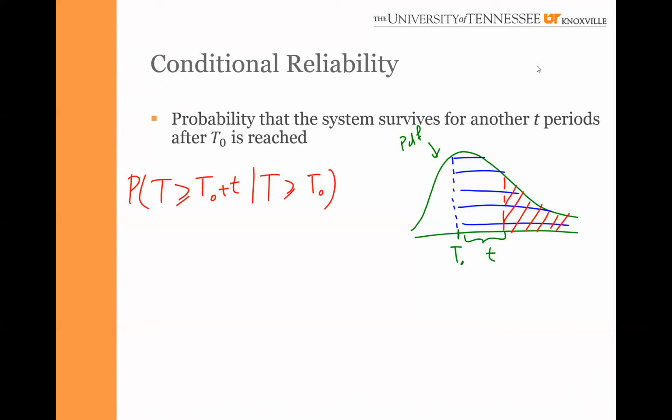The way I show it is capital R of T given T0. So that's the shorthand: the probability that it will survive for another lowercase t period of time, given that it has survived beyond T0.